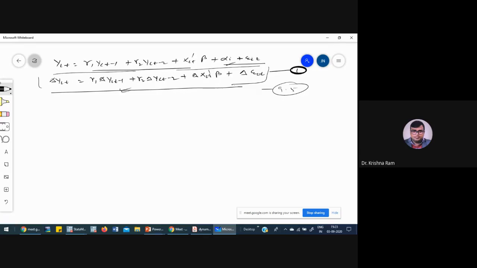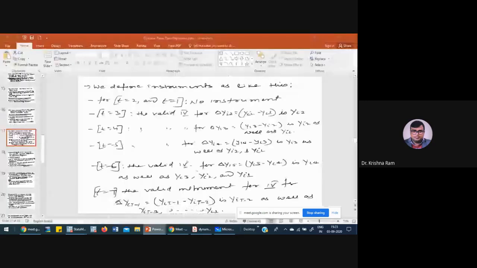So this one is the regression equation. Now we require instruments for these two endogenous variables. Let's again assume that this one is a strictly exogenous variable, so you require an instrument for these two. And the way we construct our instruments is based on this particular slide.